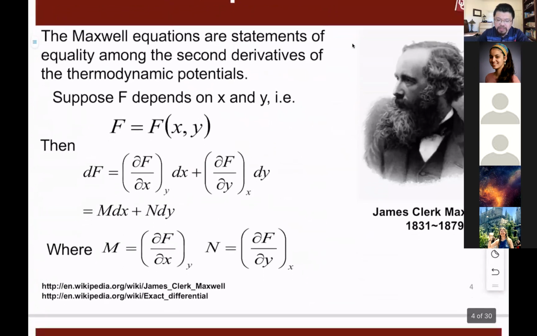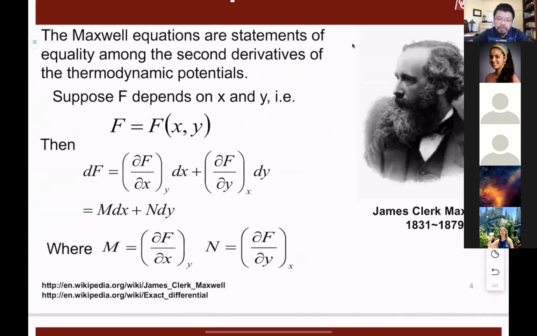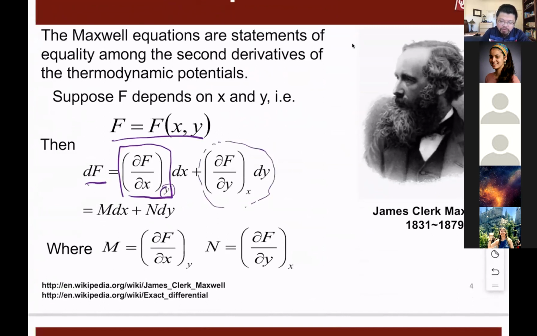This slide simply reviews the Maxwell equations. Mathematically, the derivative could be expressed as we take the derivative with respect to x while keeping y fixed, and now we take the derivative with respect to y while keeping x fixed. So if you have two parameters dominating the property, we can separate these two parameters and look at their effects. Of course, behind this we still have the Gibbs phase rule.